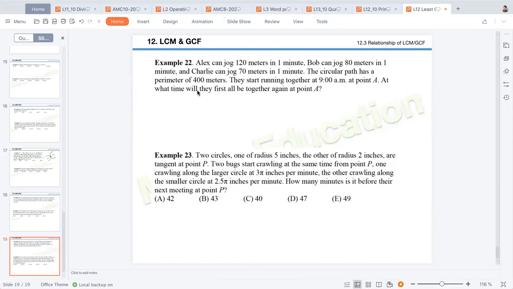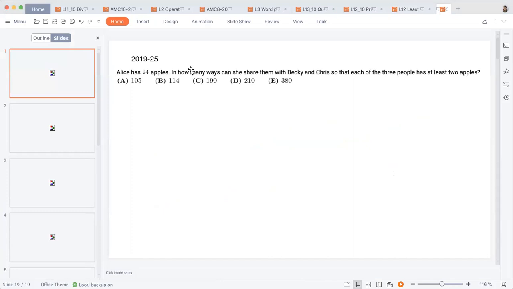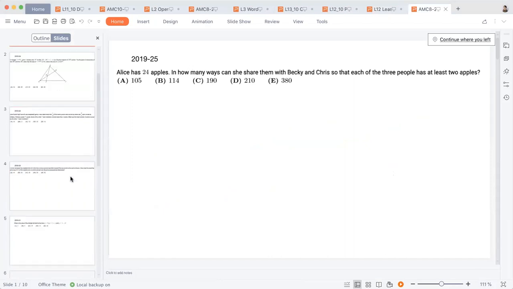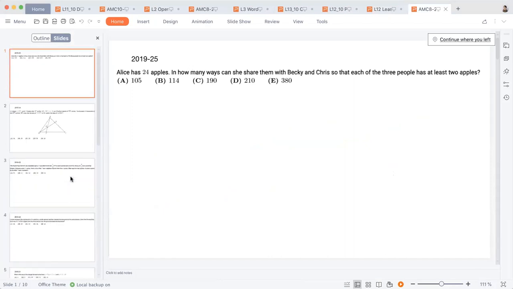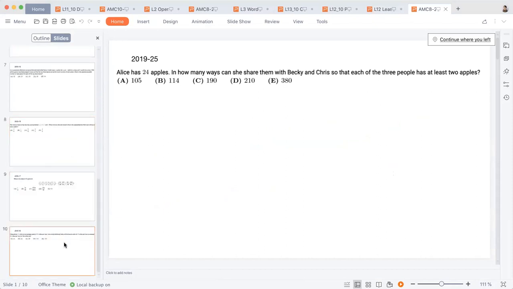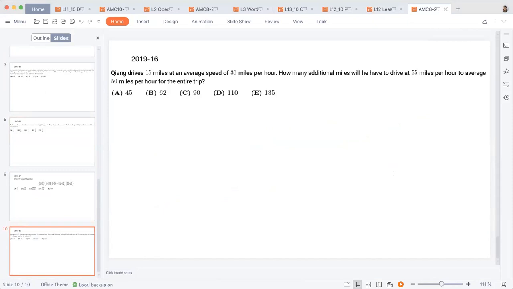This one is from 2019, right? Let me see, 2019. I think it's okay. I didn't make this one. So I just use this.